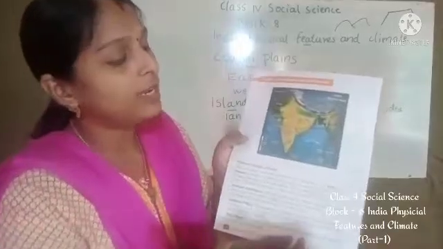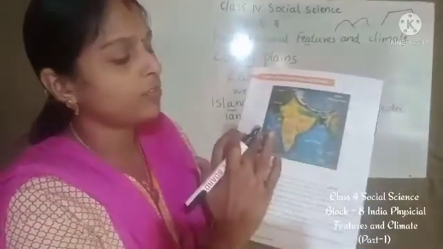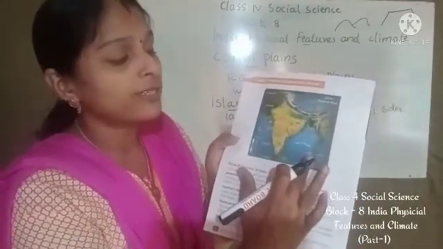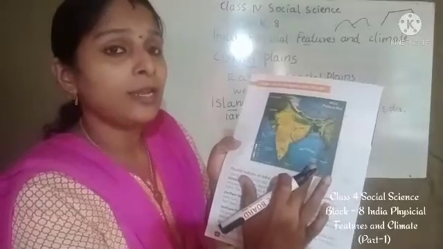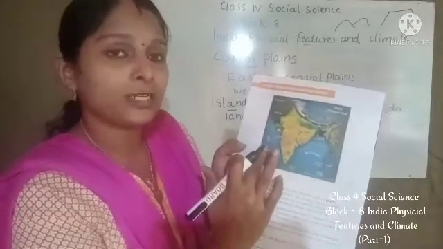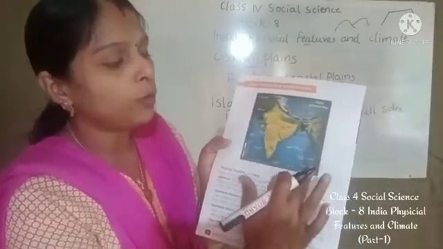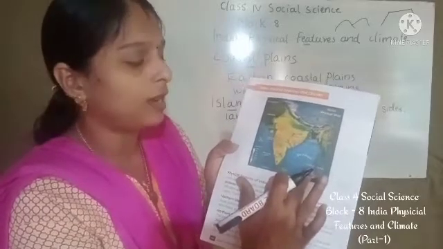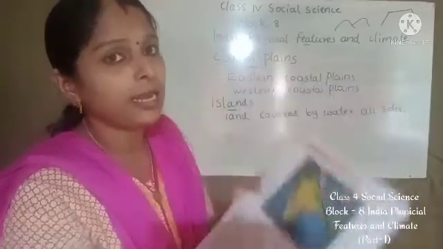So can you find the island groups in India? Two island groups are there mainly in India: Andaman and Nicobar Islands and Lakshadweep. Andaman and Nicobar Islands are in the Bay of Bengal and Lakshadweep is in the Arabian Sea.